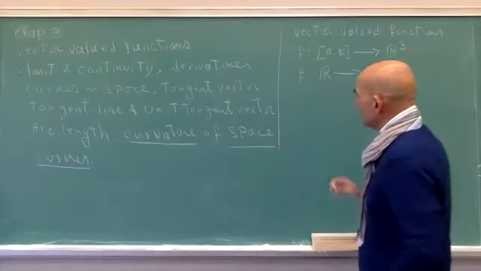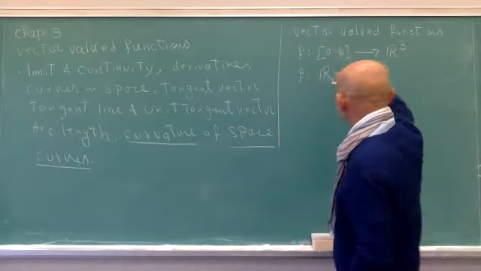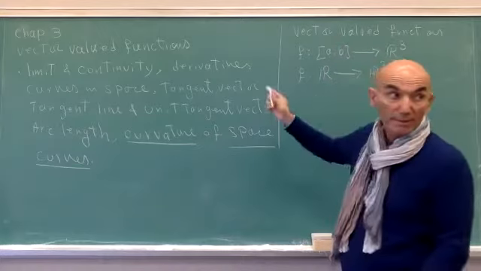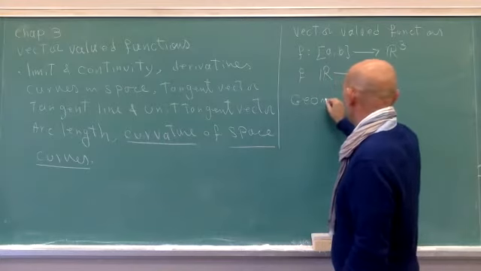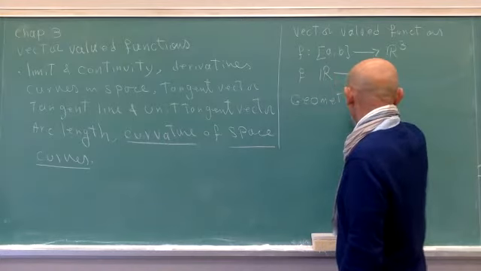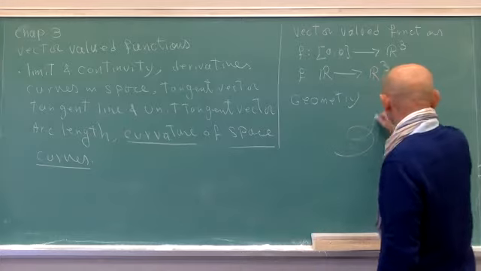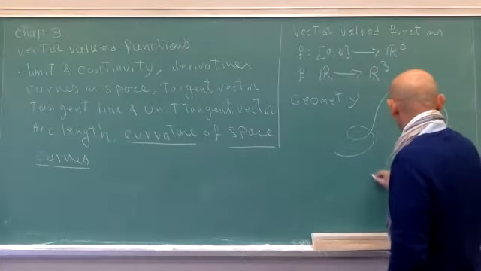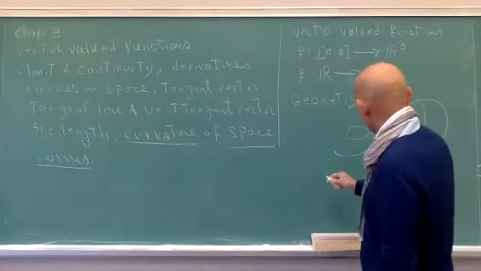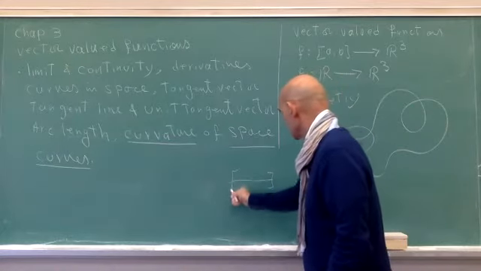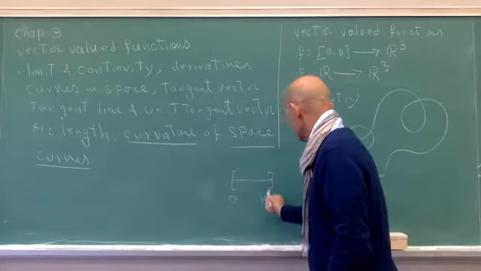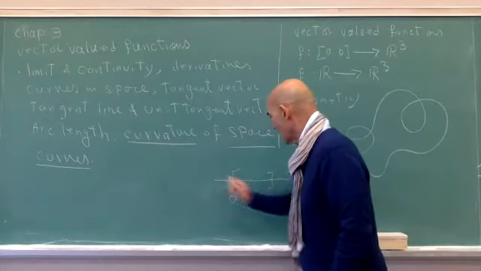So the geometric picture of this, so this is a concept, but the geometry of this is like this. You can have this in mind. So for example, we have this interval AB. This is on the line, right?